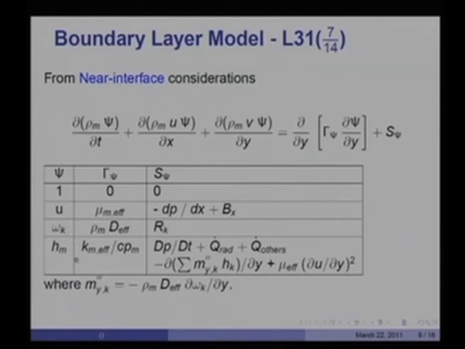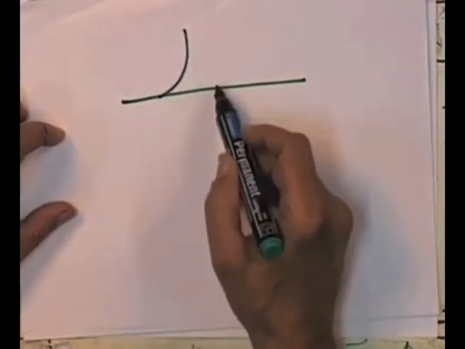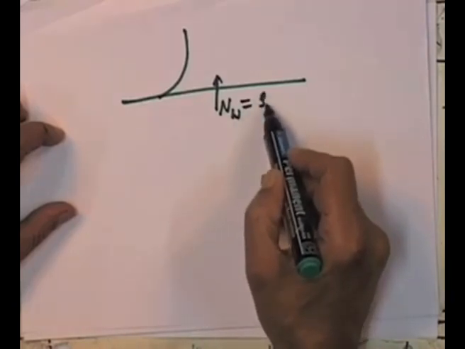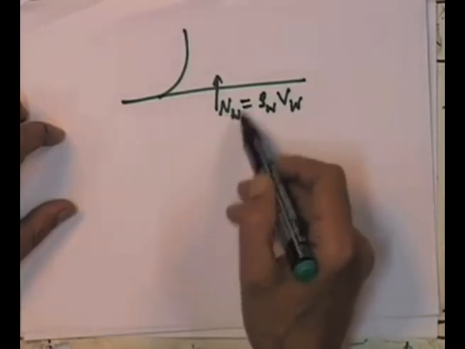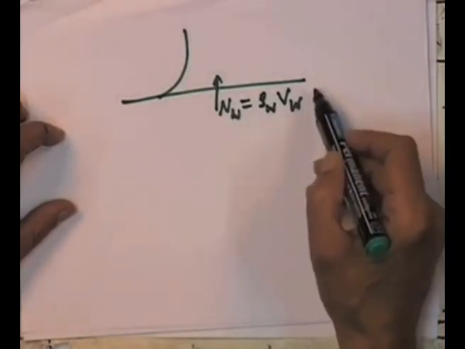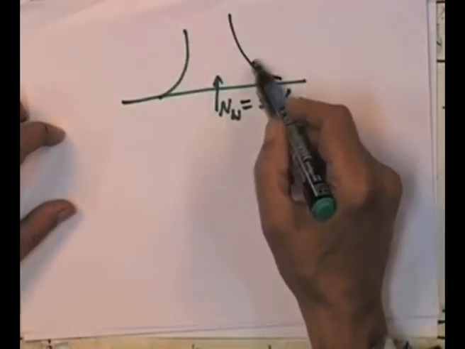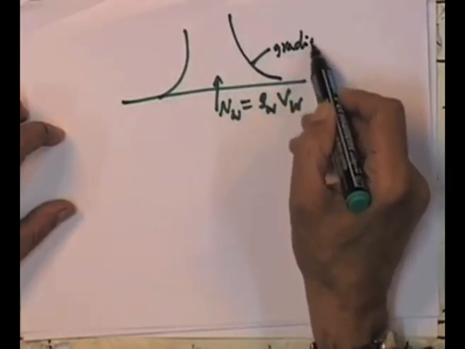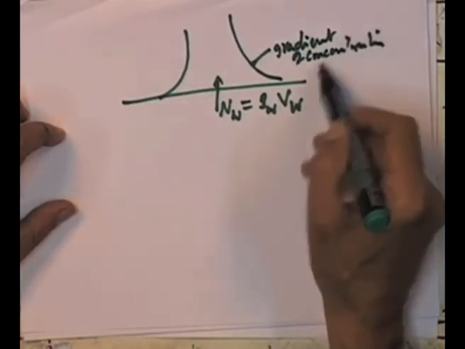The main reason is as follows. In a mass transfer problem, let us say the velocity profile is of course influenced by N W, which is rho W into V W, and N W itself is governed by the gradients of concentration at the wall.